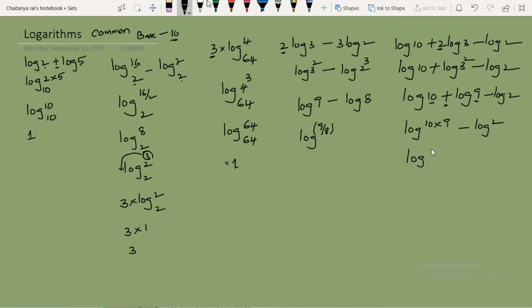In the first logarithm the argument is 90, and in the second one it is 2, and between them we have a negative symbol. So this will be log of 90 divided by 2. Then 90 divided by 2 gives 45, and this will be the final value.